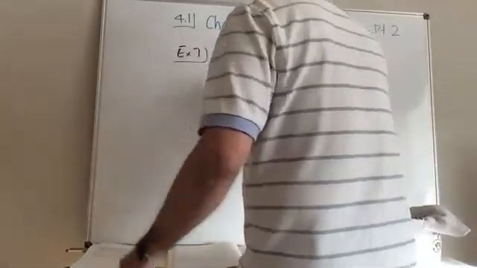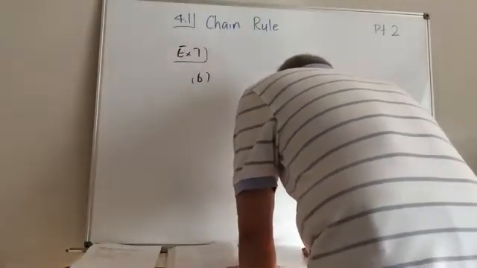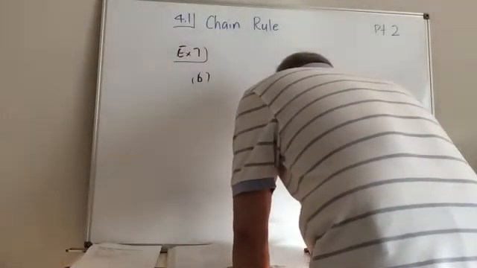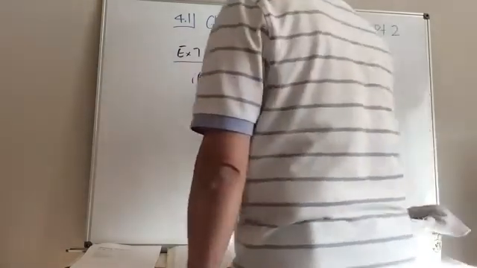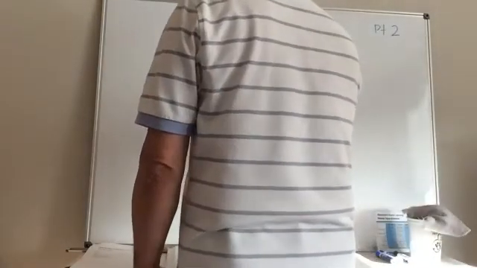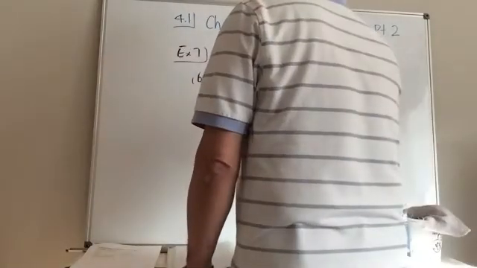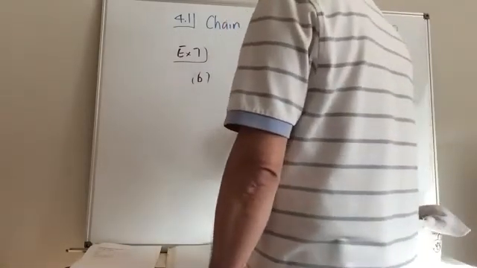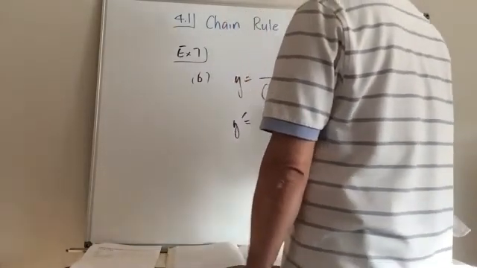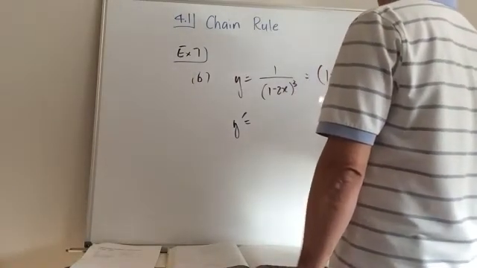Okay, let's do B. Show that the slope of every line tangent to the curve is positive. I have y equal to 1 over (1 minus 2x) to the 3rd. I'm going to take the derivative of this. This is basically (1 minus 2x) to the negative 3rd.